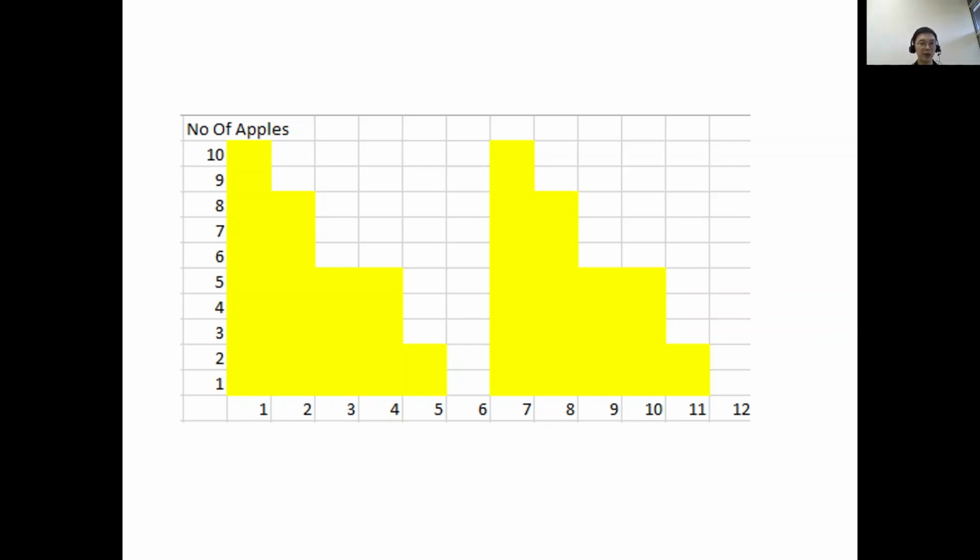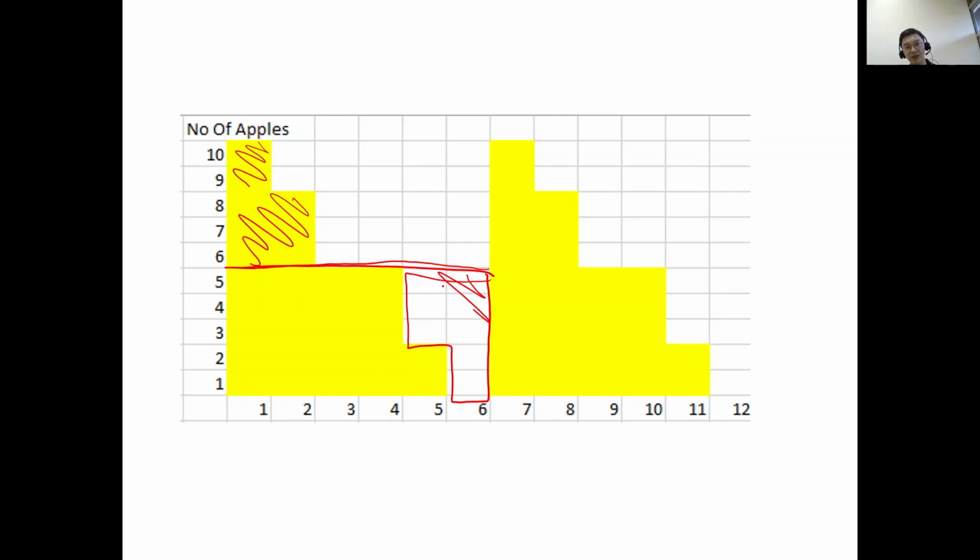Students will be tempted to do 10 plus 8 plus 5 plus 2 plus 0 divided by 6. And they forget that there are actually 2 days' worth of 5 apples. So if you're not careful, that could be a problem. Using a graphical method, you will never have this issue, because you can see very clearly that if you draw the line at 5, the area above the line fits exactly into this area here. So the average is still 5.